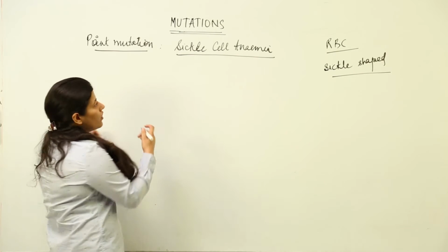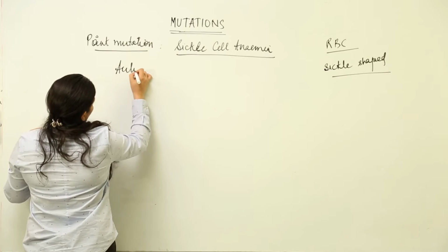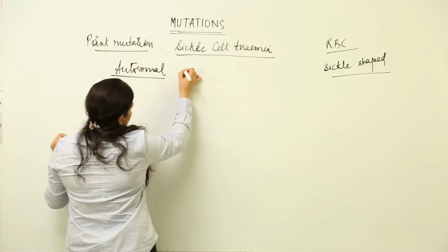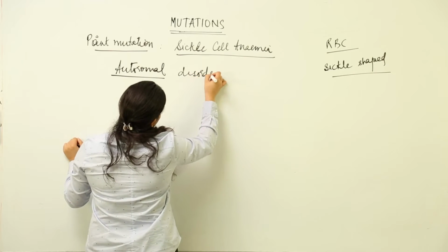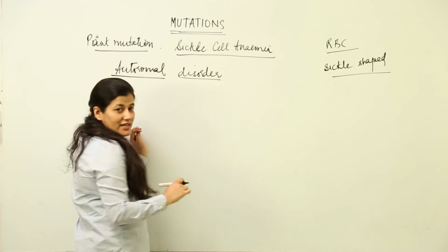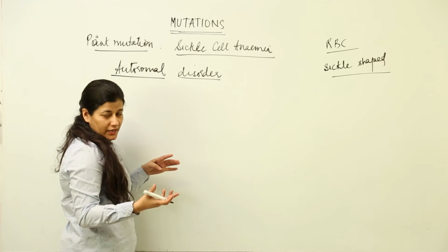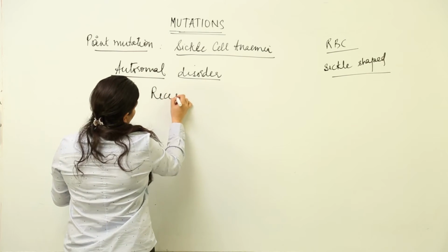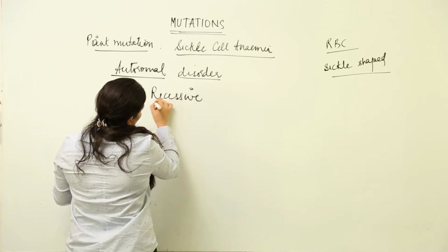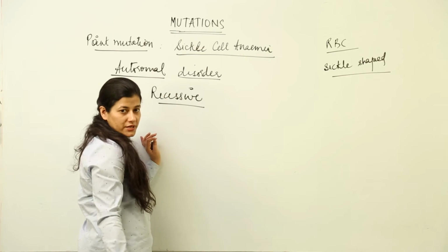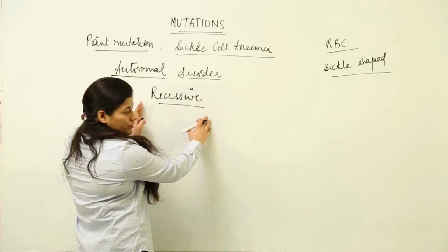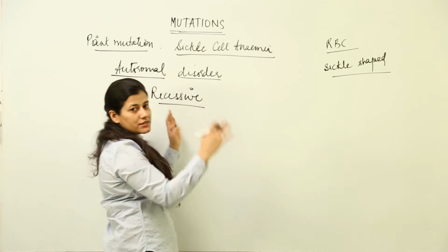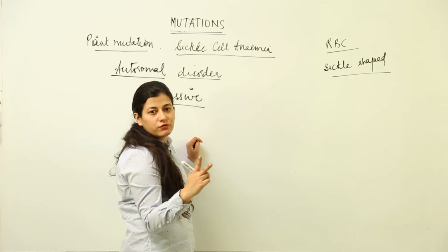Now this is an autosomal disorder. From your knowledge of Mendelian studies, if the disorder is recessive and autosomal, then certainly it must have two alleles for its expression.